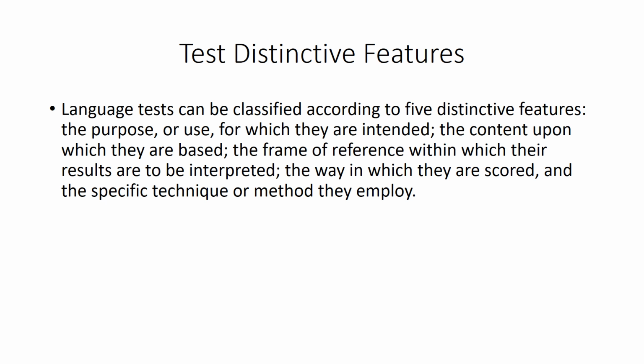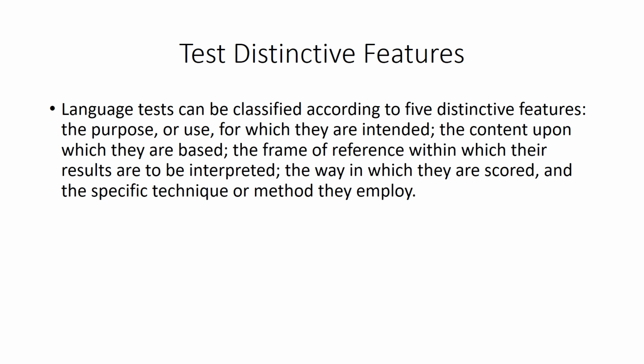According to these five features, which are the purpose of the test, the content of the test, the way of scoring the test, the way of interpreting the results of the test, and the way that you are going to make the test for your students, all these features are going to be adopted in classifying the language test in particular into different types.